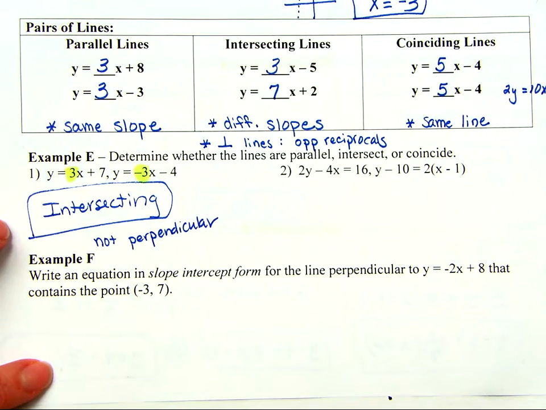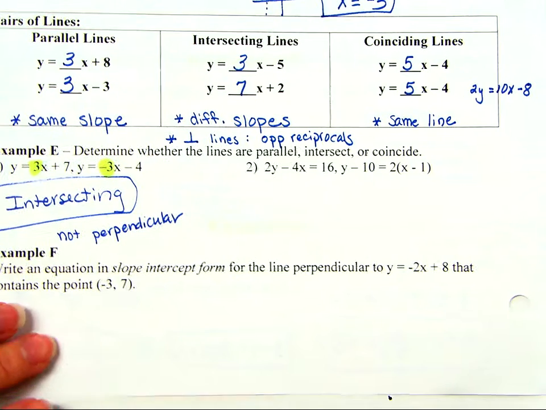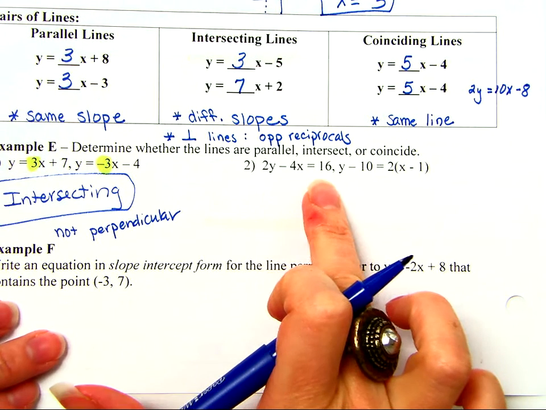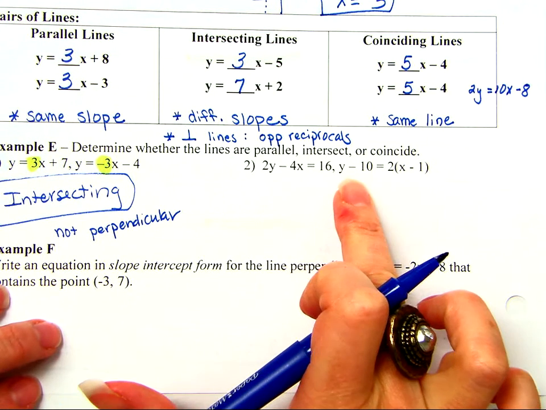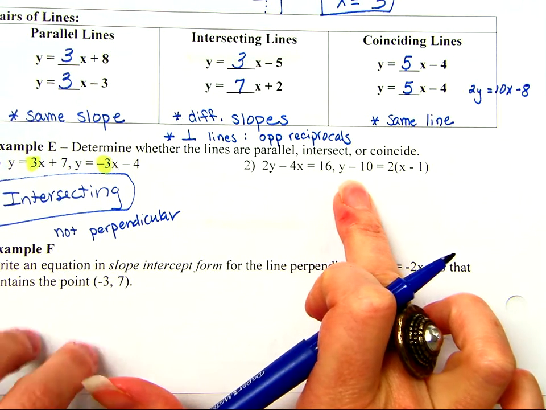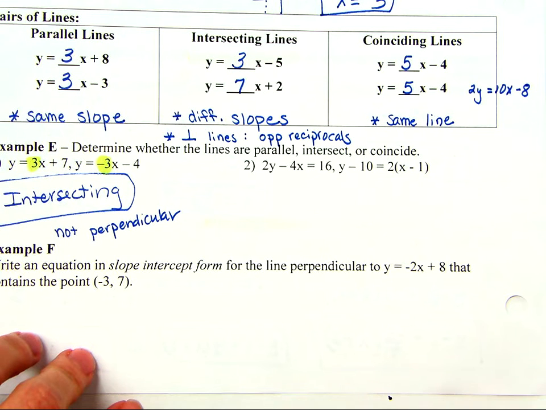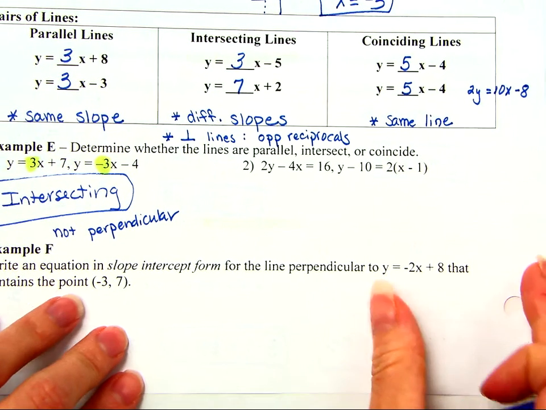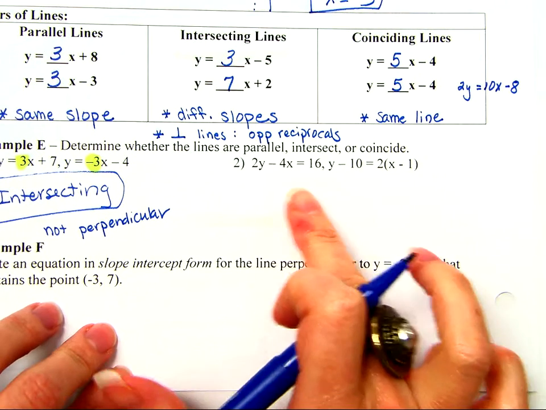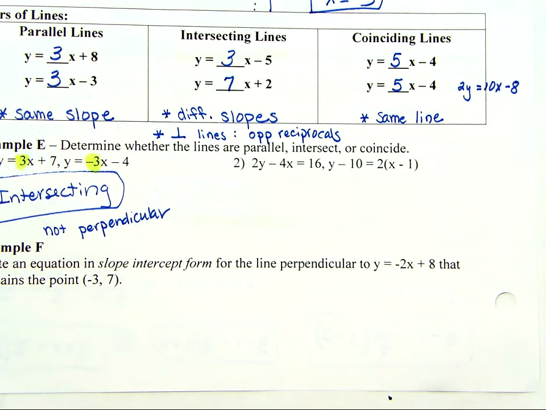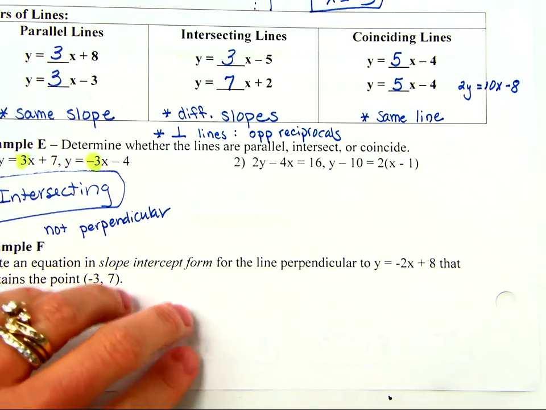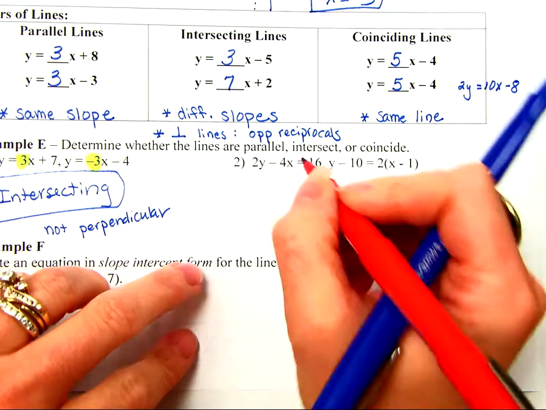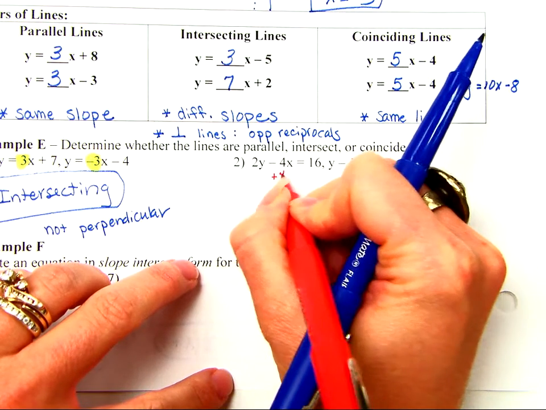When I look at number 2, I have 2y minus 4x equals 16, and y minus 10 equal to 2(x minus 1). For comparison purposes, I can't say much about these because they're not written in the same form. So I'm going to do a little bit of rearranging and get them both into slope-intercept form.